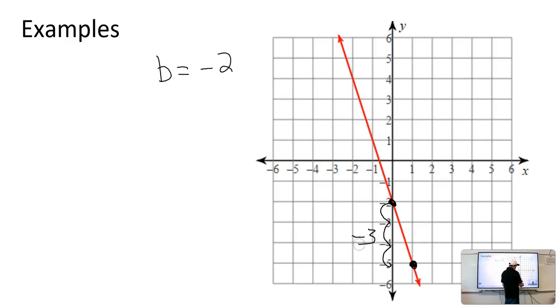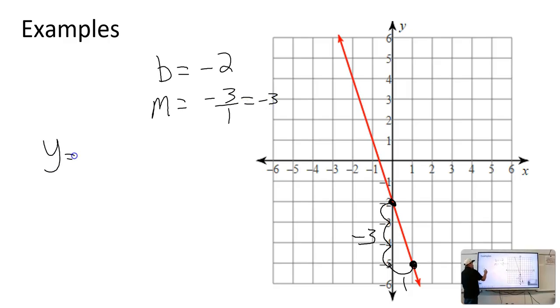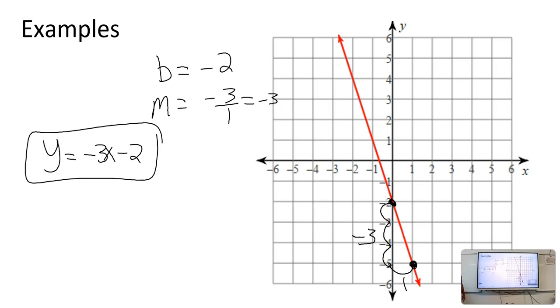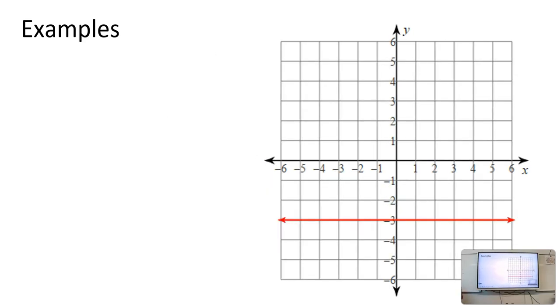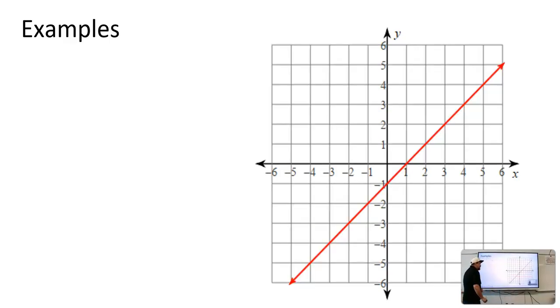So we dropped 3, and we went right 1. So my slope is -3 over 1, which can be written as -3. So my equation is y equals -3x minus 2, and there is my equation for that particular line. Let's go ahead to this one right here. Actually, let's come back to this one.